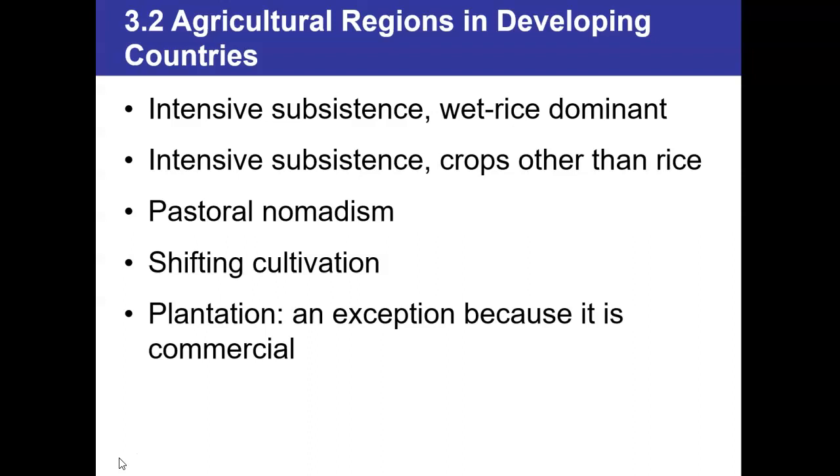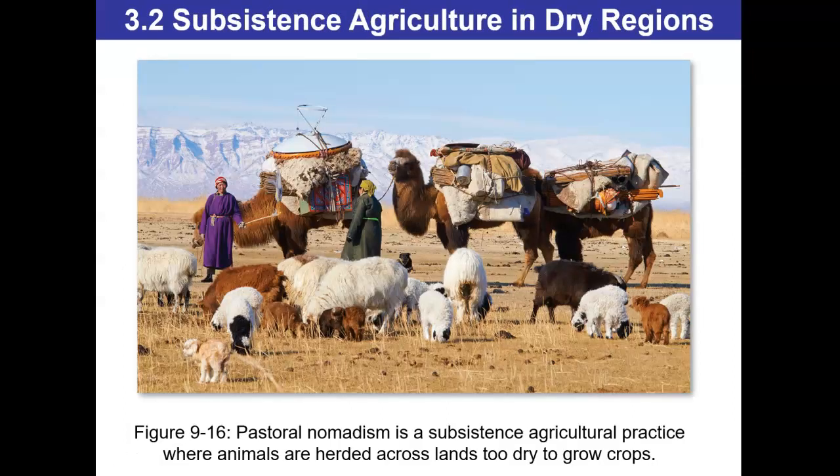After that, plantations declined in the United States and they were subdivided, either sold to individual farmers or worked by tenant farmers. Take a quick look at figure 9-16 located on page 319 of your textbook. Pastoral nomadism is a subsistence agricultural practice where animals are herded across lands too dry to grow crops.